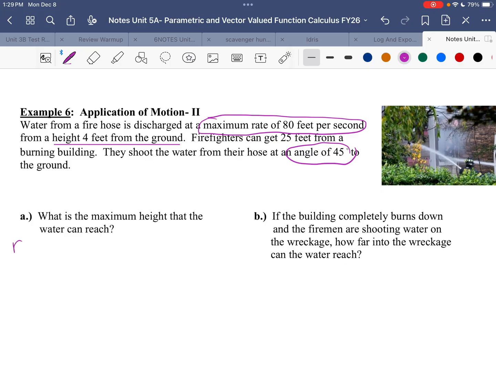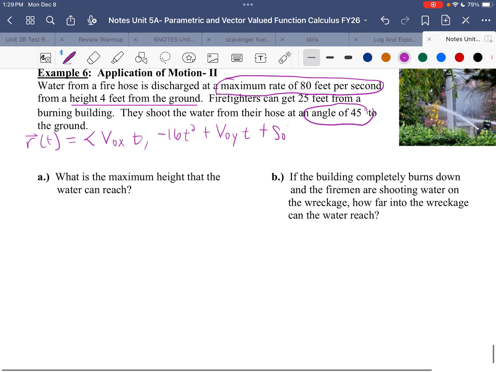Well, first, maybe we should write down up here, r of t is going to be your v naught cosine theta t, and your negative 16t squared plus your v naught sine theta t plus your initial height, which we called s before.